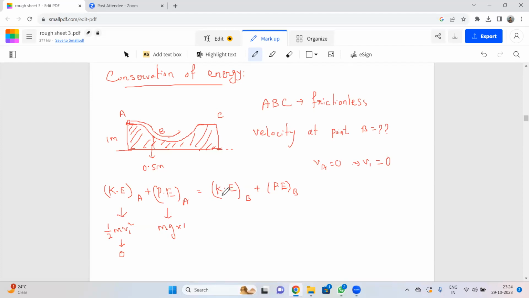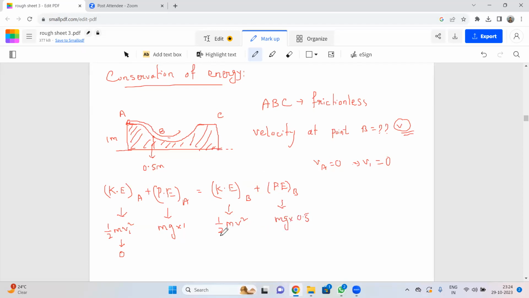And what is the kinetic energy at point B? Half m v square, suppose at point B we have the velocity v. And what is the potential energy here? mg into 0.5.